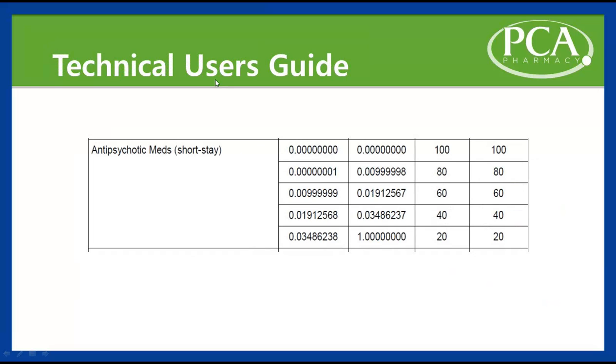You can see from the technical users guide, which there is a link to at the end of this presentation, that would be this top section, the 0%. They do get 100. For 20 points, it's anywhere from 3 to 100%.